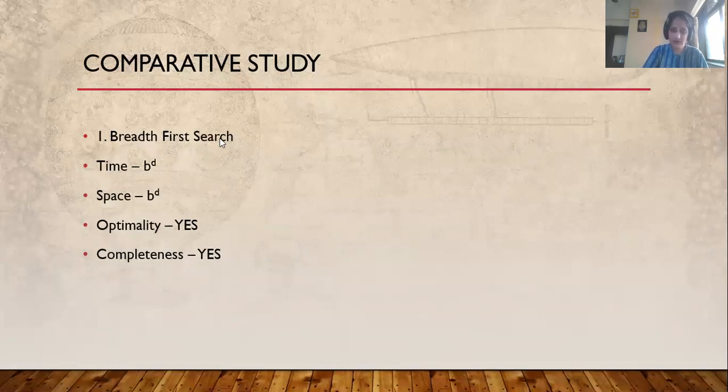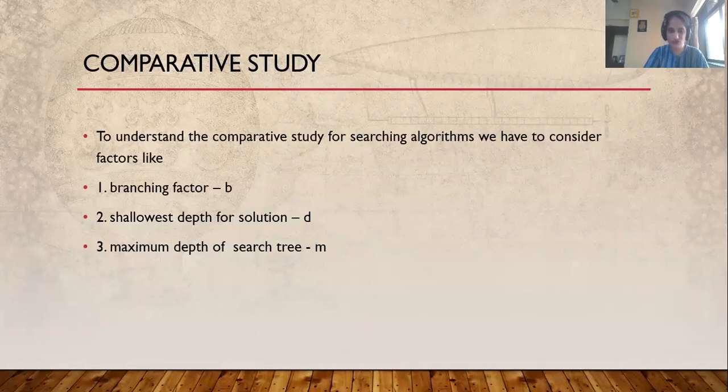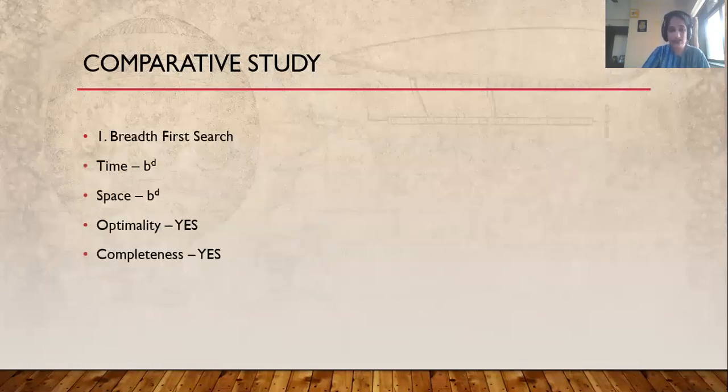If we say breadth first search, the time complexity is, let's say, b raised to d. What it tries to say is that if breadth first search wants to run, then at max, these are all described using the O notation. When we say O notation, it defines the worst complexity, which means the maximum amount of time it is going to take.